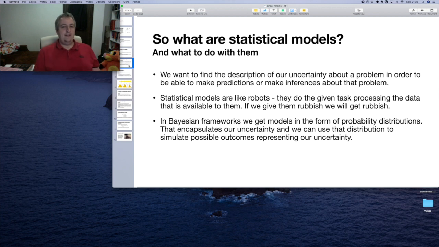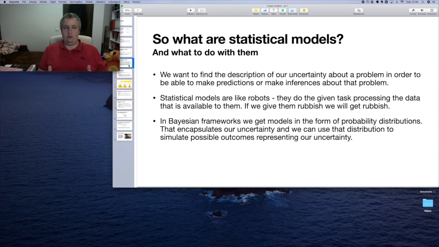So a statistical model, or any kind of model, is just that: a robot that you give a question that is consistent with its parameters and it gives you answers. If your question is inconsistent with the parameters, you get strange things. Garbage in, garbage out.